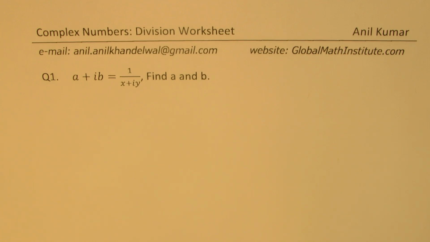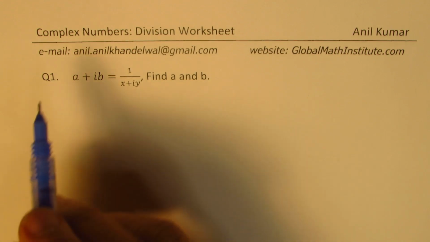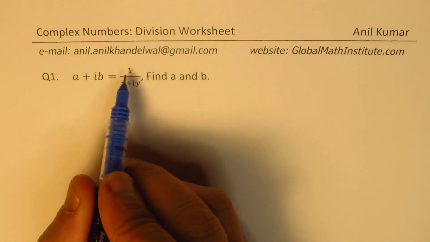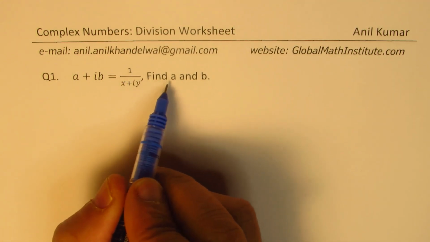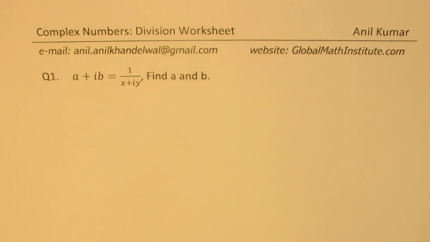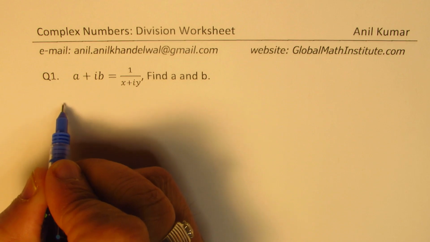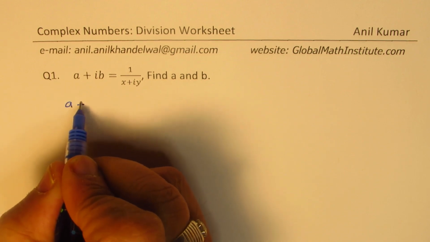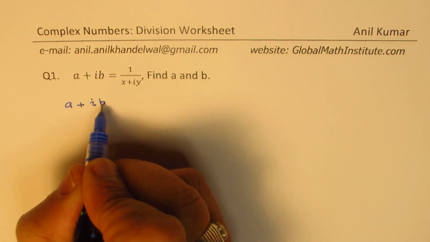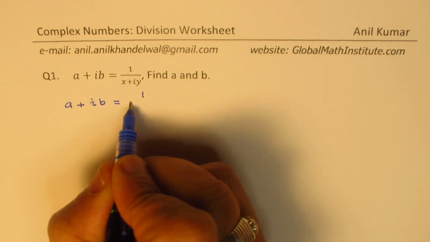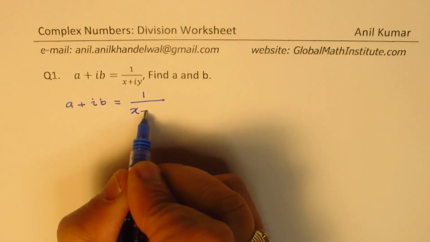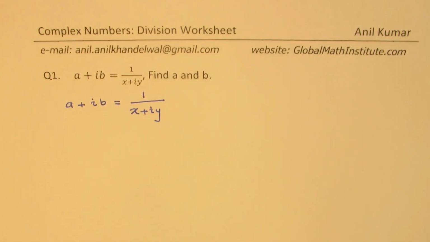Here is question number 1. We are given that a plus ib is equal to 1 over x plus iy. You need to find a and b. Right? So let's begin with the right side. a plus ib is equal to 1 over x plus iy. Correct.